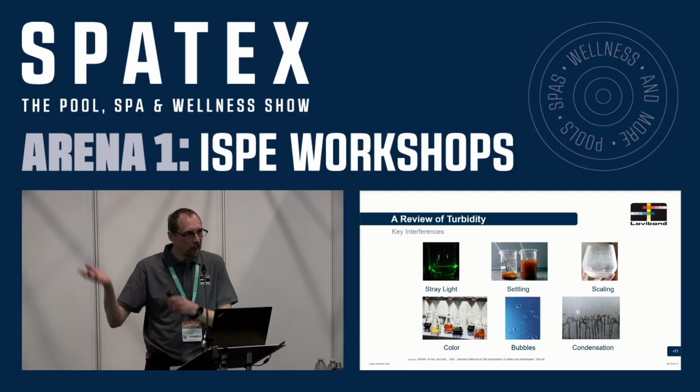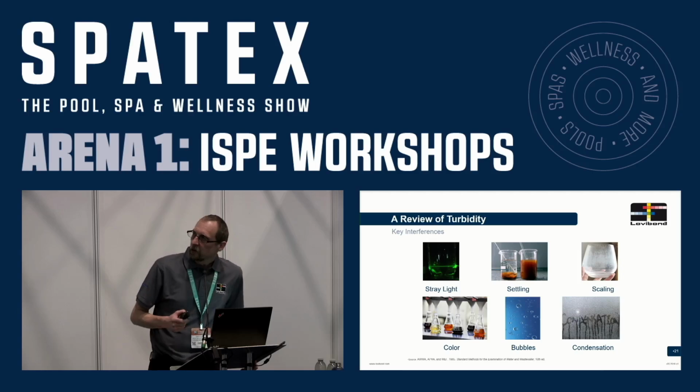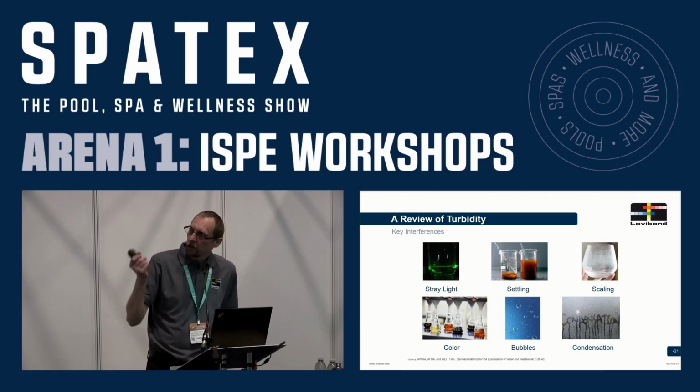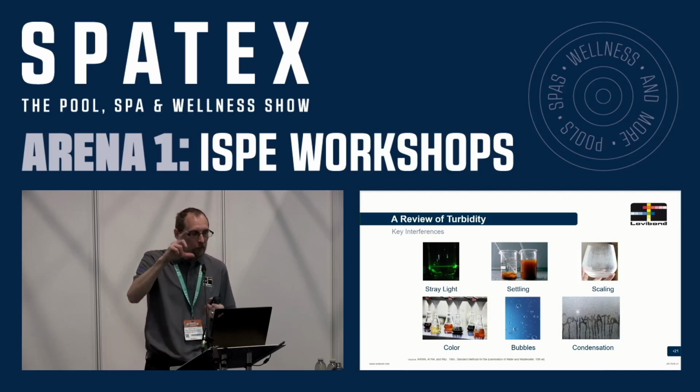So if you're following the ISO standard, which you should be, then you've got no colour interference in your sample. Other things, settling out: if you've got large particles and you're leaving your sample for quite a long time before you analyse it, it could be settling out, and that's going to give you an incorrect result. So sample preparation is quite an important thing when you're measuring turbidity.